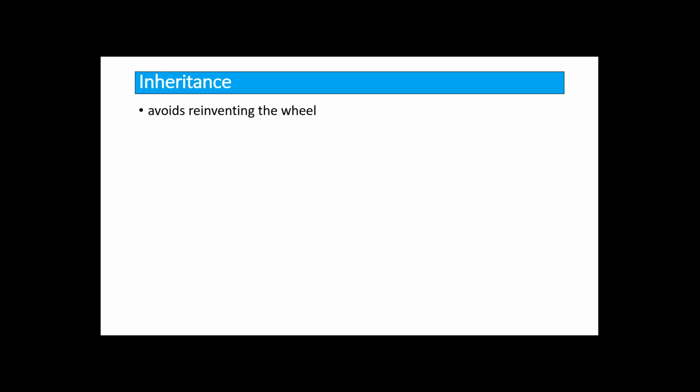Inheritance says avoid reinventing the wheel. Basically, the purpose of inheritance is code reusability. If you have a piece of code that is fully functional, and you require the same piece of code in another application, you need not write the code from scratch. You can reuse it.